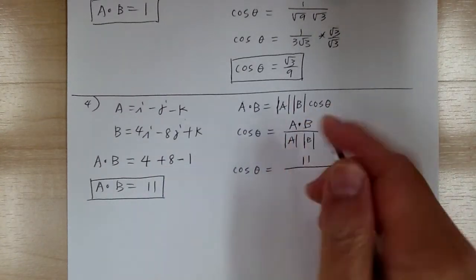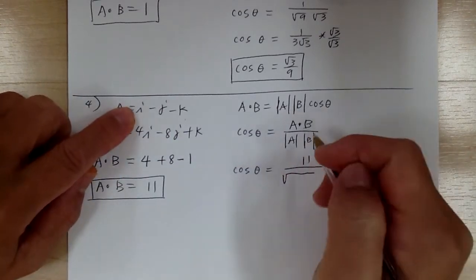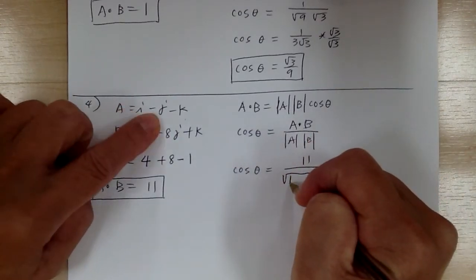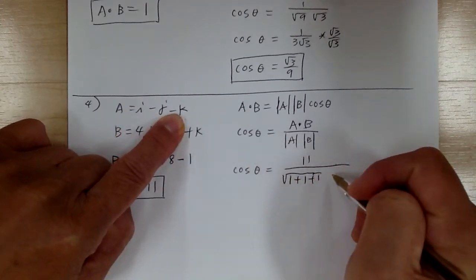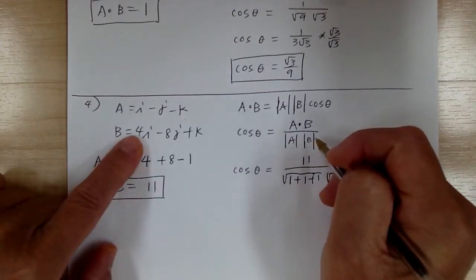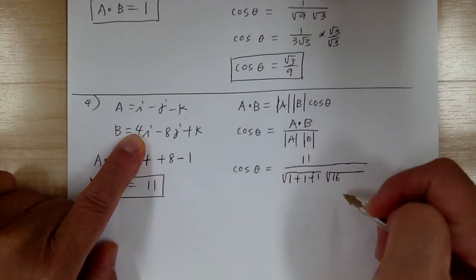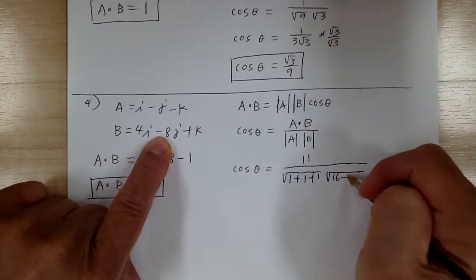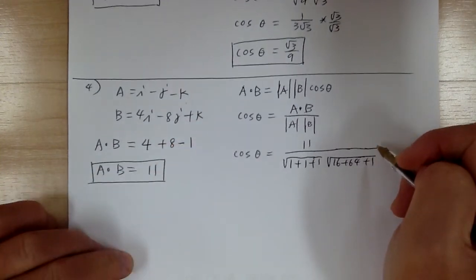Now the magnitude of A, you have to use the Pythagorean theorem. So use your A. 1 squared is 1. Negative 1 squared is still 1. Negative 1 squared is 1. Okay, so that's the magnitude of A. Now to find the length of B, again, you go to the coefficients of the B over here. So 4 squared is 16. Negative 8 squared is 64. And 1 squared is 1.